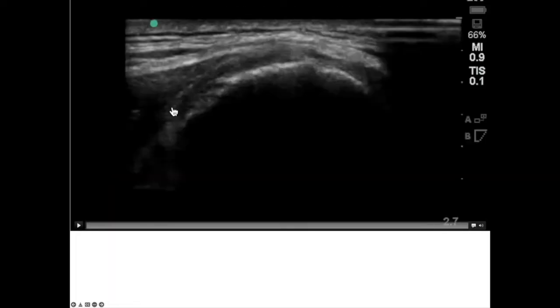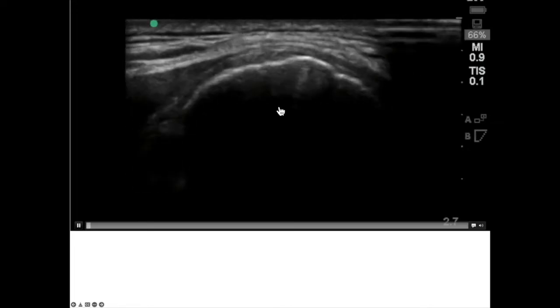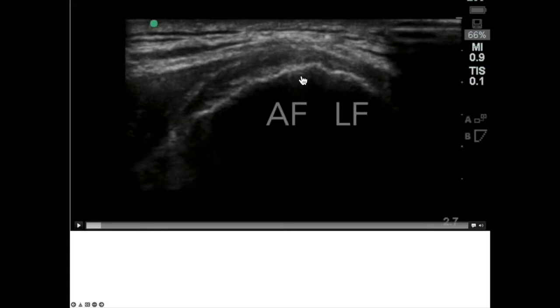I'm going to show you the video here. This is anterior, and lateral or posterior is in the posterior direction, with the lateral facet. The first thing to do is to identify the ridge, which is here. Once you identify the ridge, then you know this is the anterior facet and this is the lateral facet. And here, this is the beautiful tensor fascia lata, and this is the gluteus minimus tendon.